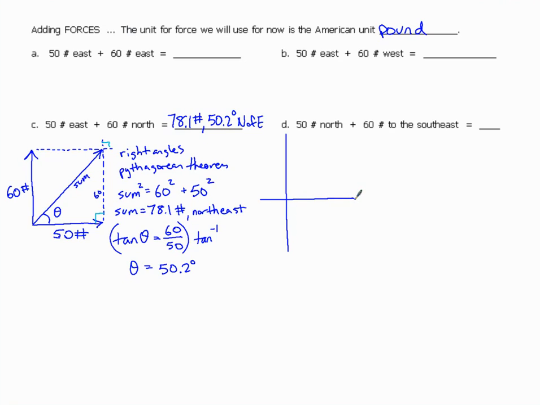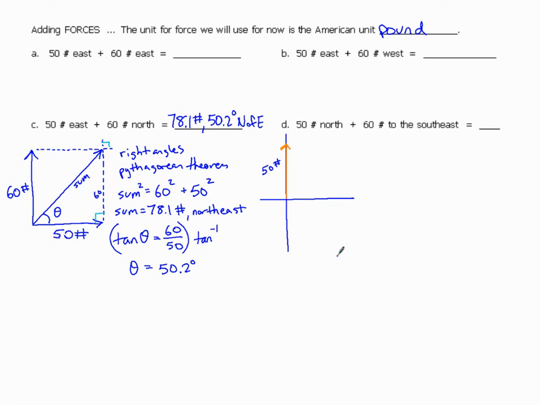Our first one is a different color. Here, 50 pounds north. So that's 50 pounds to the north.